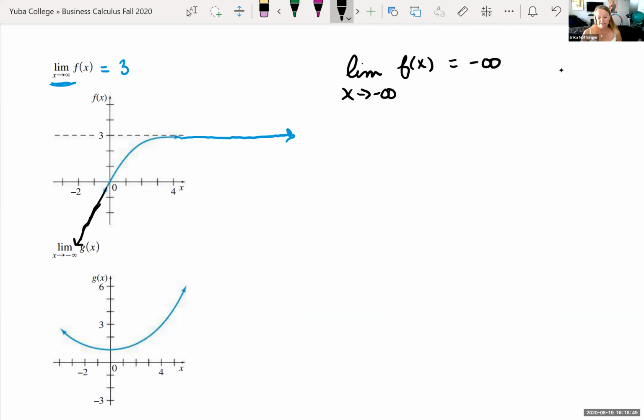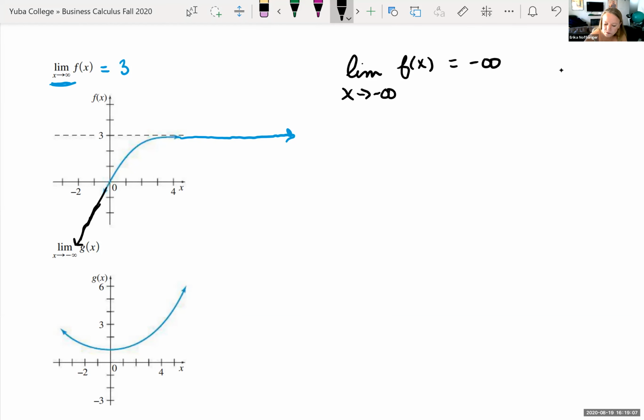When a graph doesn't go to one particular value, the limit actually doesn't exist. We like, though, to say where it's going, if it's going to negative infinity or infinity, because it tells us more about the graph.